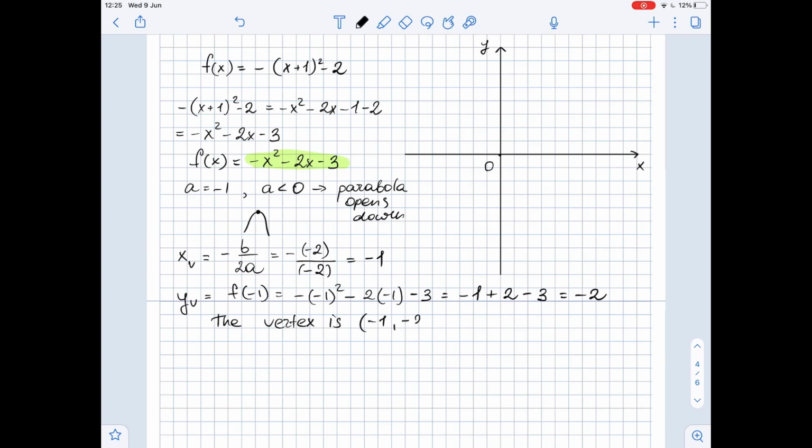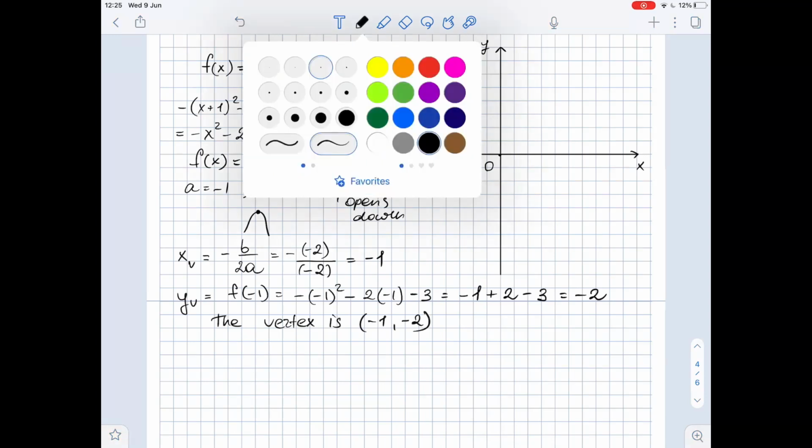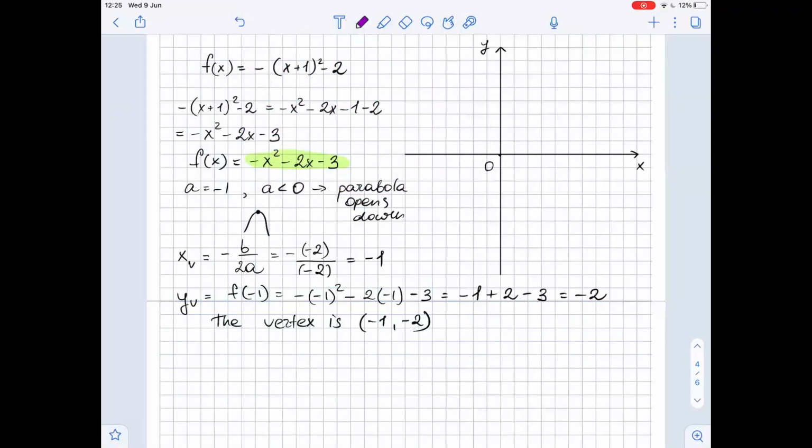We can depict it on the xy plane. So let this be 1, this 2. Oh, this is 1, this is 1. Then x equal to negative 1 is right here. And y equal to negative 2 is right here. And that means that our vertex is right here.